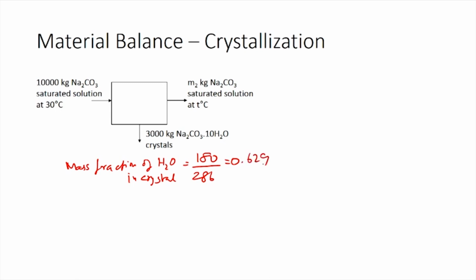So, now that we have all the information about the mass fractions, let us go ahead and perform the balance equations. Let me fill this table so that we have all the information which we calculated. We had calculated that the mass of Na2CO3 entering through the solution is 2800 kilograms and water is 7200 kilograms, and we have calculated the mass fractions for Na2CO3 and water here as 0.371 Na2CO3 and 0.629 water.